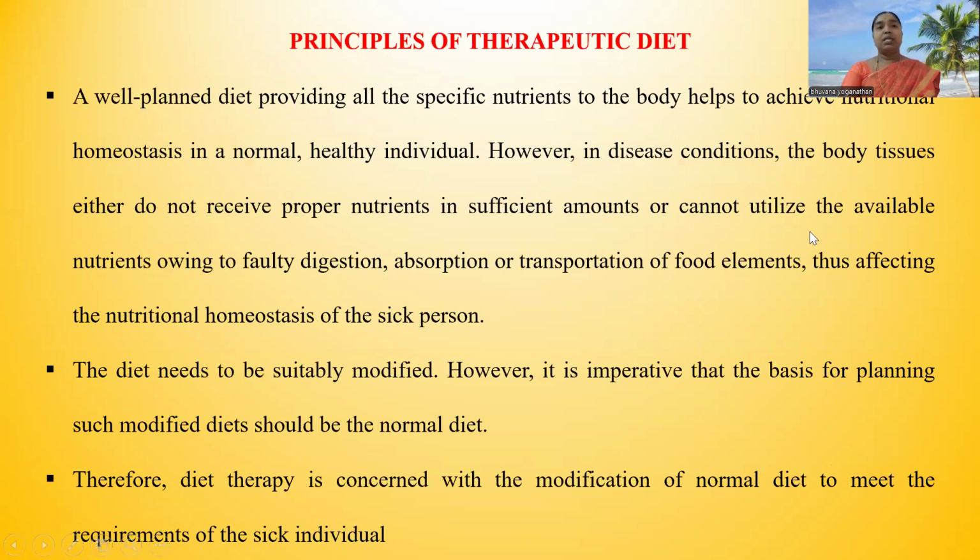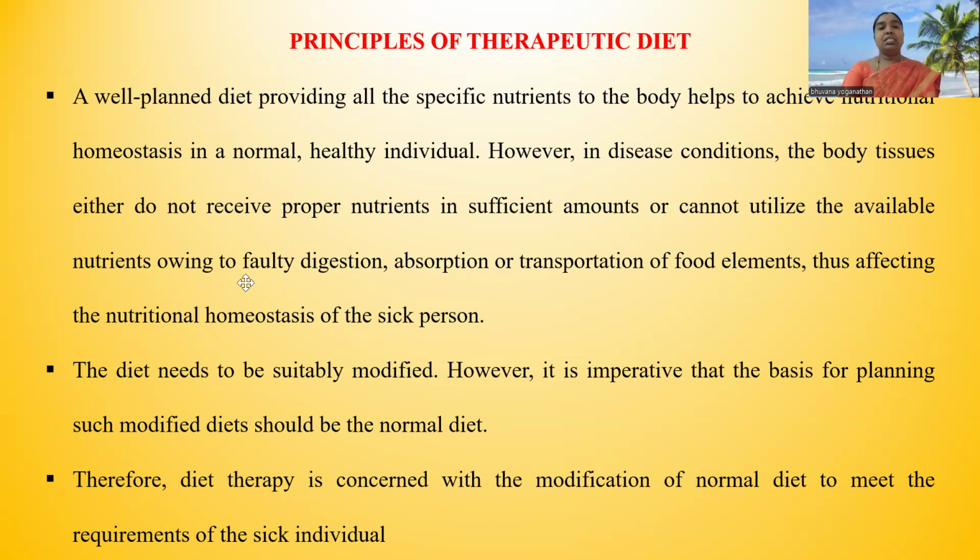Coming to the principles of the diet, a well-planned diet provides a specific amount of all nutrients to the body parts and helps to achieve nutritional homeostasis in a normal and healthy individual. However, in disease condition, the body tissues either do not receive proper nutrients in sufficient amount or cannot utilize the available nutrients owing to changes in digestion, absorption, and transportation of food elements, thus affecting the nutritional homeostasis of the sick person.